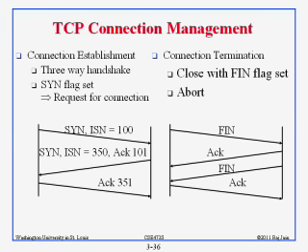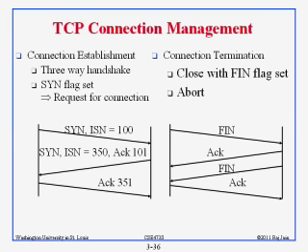So the connection establishment is what we call a three-way handshake. Three-way handshake means when somebody wants to connect to somebody else, let's call them A and B, A sends a message which has the SYN flag set. If you remember, what was the SYN flag for? It was synchronize. And it says the initial sequence number, ISN, is 100.